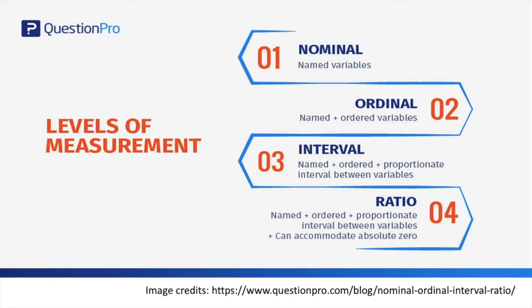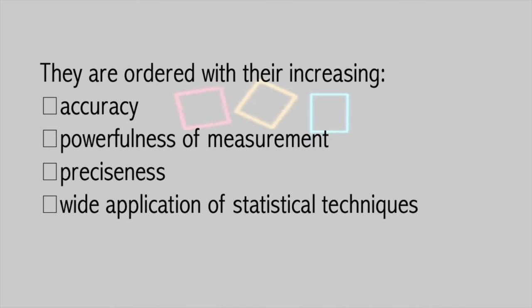Ratio is named, ordered, has proportionate intervals between variables, and can accommodate an absolute zero. So this order goes with increasing accuracy, powerfulness of measurement, precision, and wide application of statistical techniques.